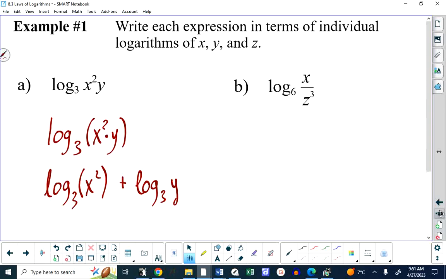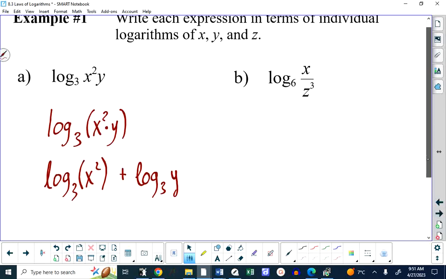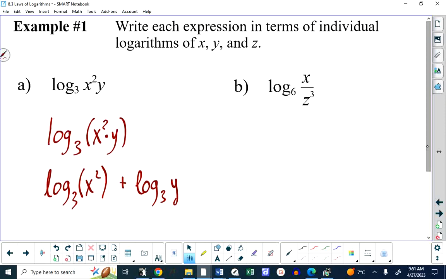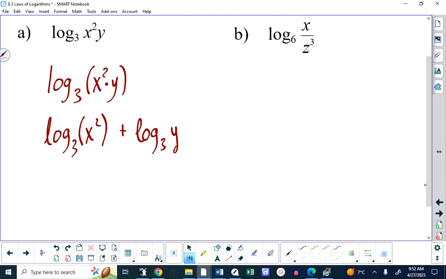And then I can move that 2 out in front. Because the question says write each expression in terms of logarithms of x and logarithms of y, not logarithms of x squared. So this 2 is an exponent, and the power law says I can do this.